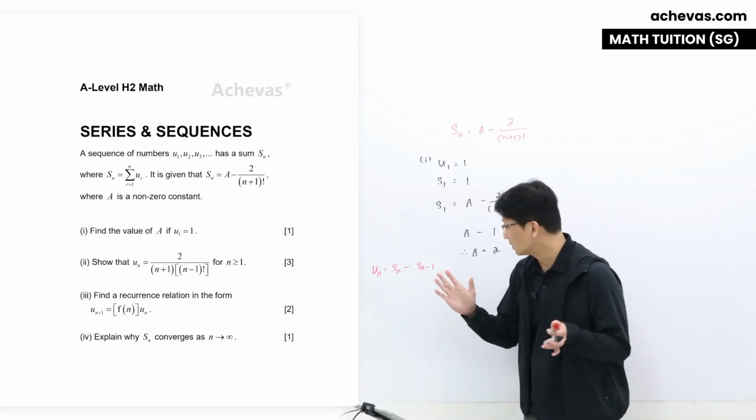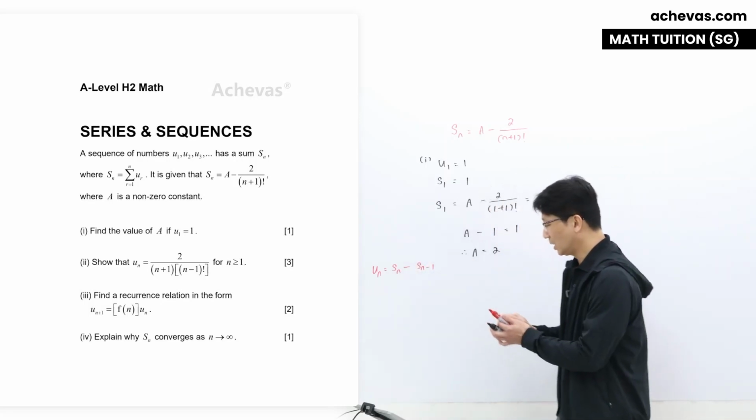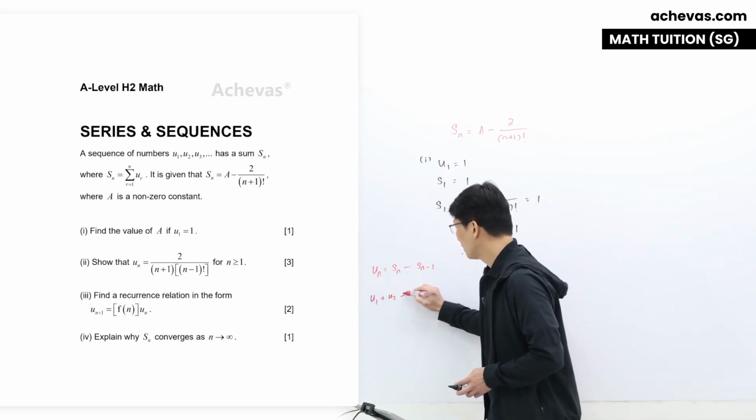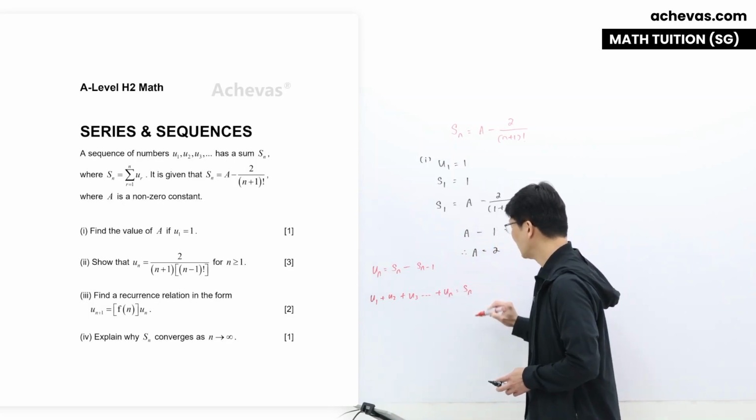It makes a bit of sense because this Sn represents the sum of a total of n terms. Say it's like u1 plus u2 plus u3 all the way until un. This is my Sn.